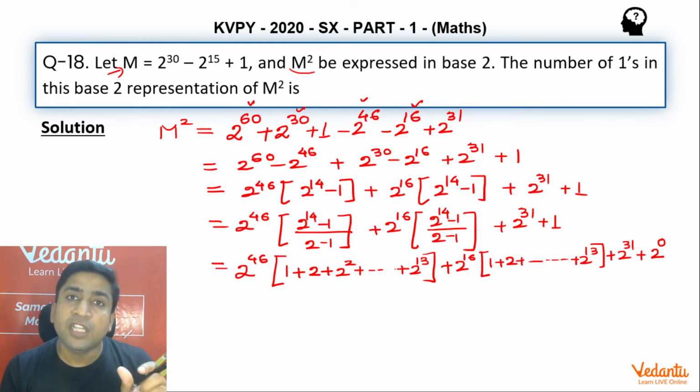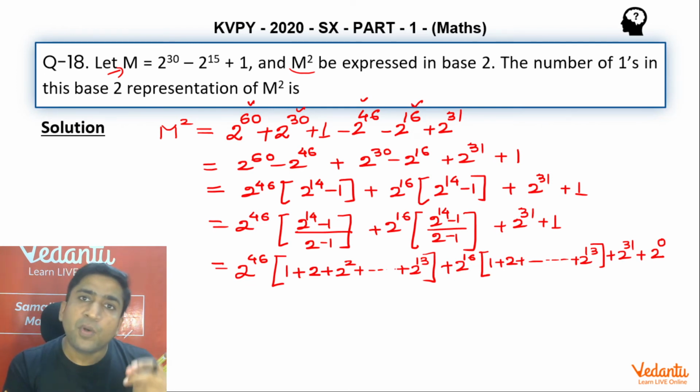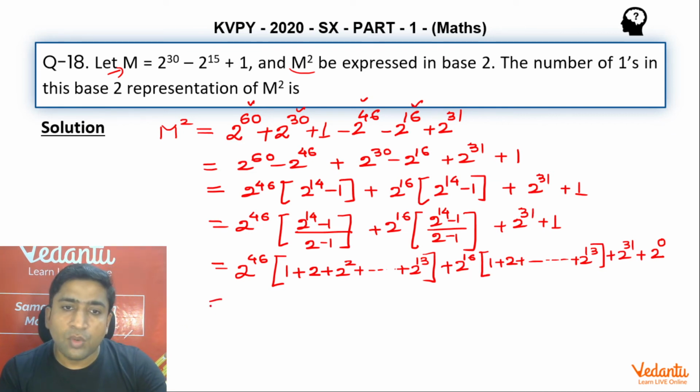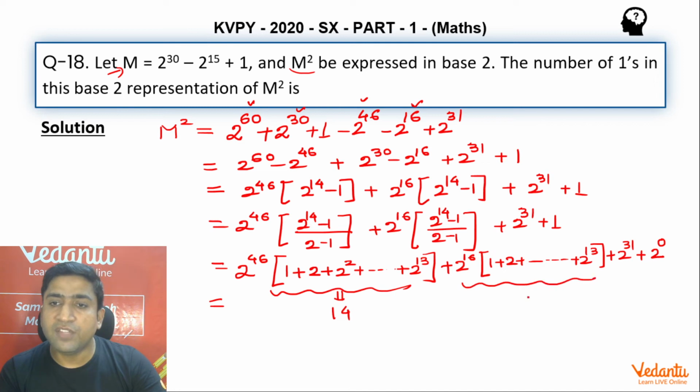Corresponding to each component of 2 to the power, I'll have one contribution of 1. So if we count, corresponding to these components I'll have 14 ones. Corresponding to the second bracket, again I'll have 14 ones. Corresponding to this one, again 1, and 2 to the power 0 will again contribute 1.